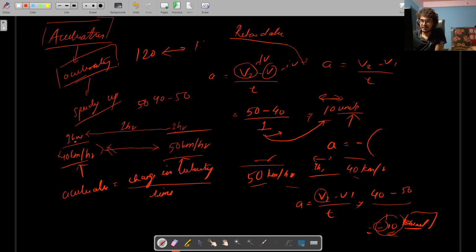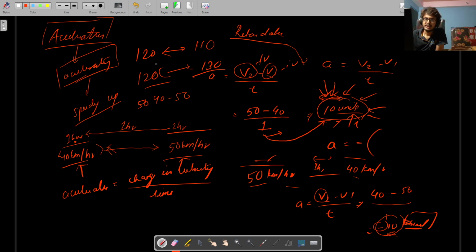Exactly 110, right? Now if you are moving at 120 and you are accelerating at this rate, what will be your value? 130, perfect. So is this acceleration and retardation clear?